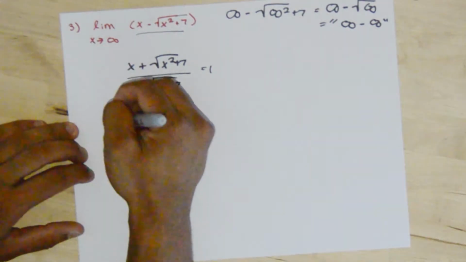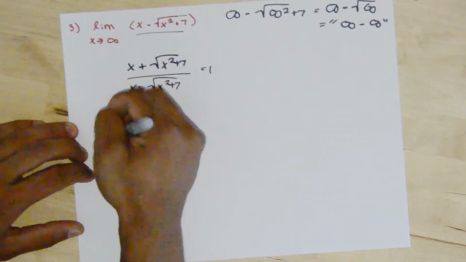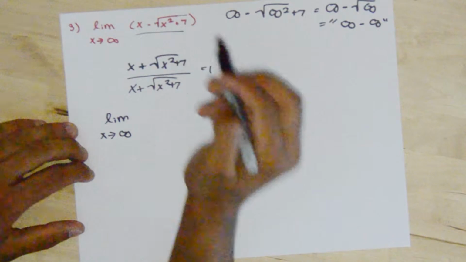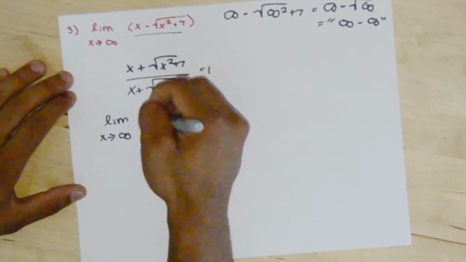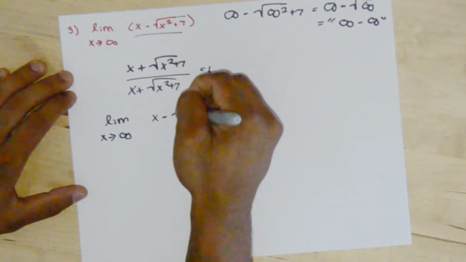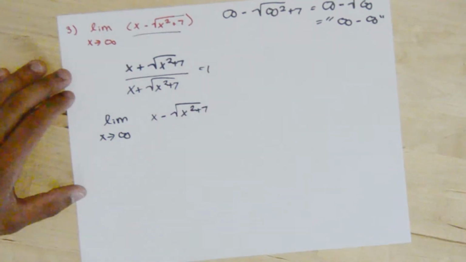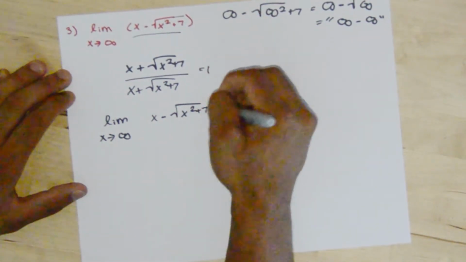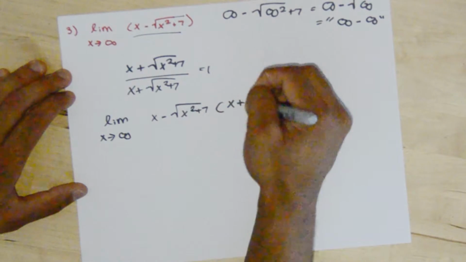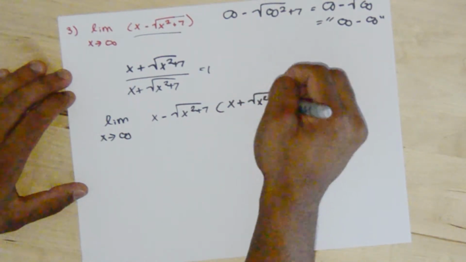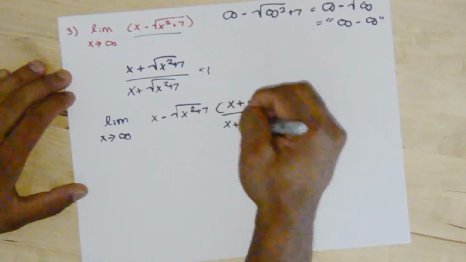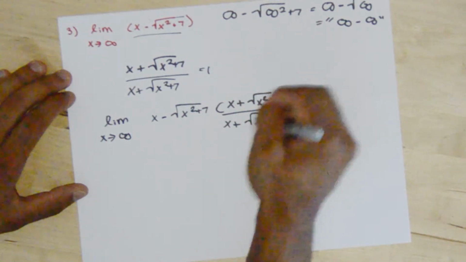So let's try that. If you multiply this function by its conjugate, we get x minus the square root of x squared plus 7 times x plus the square root of x squared plus 7 over x plus the square root of x squared plus 7.